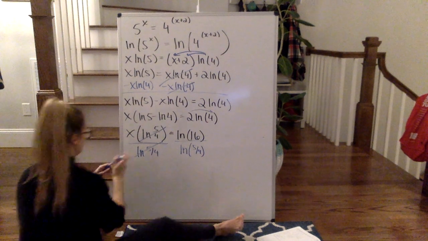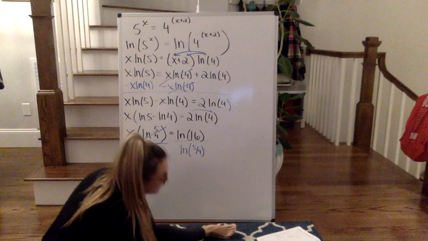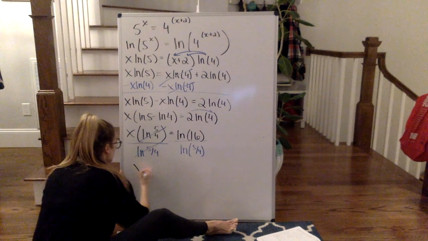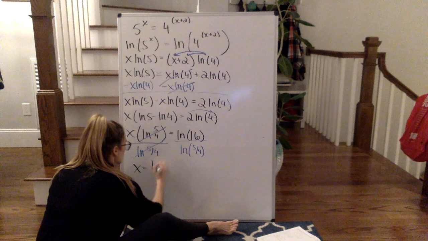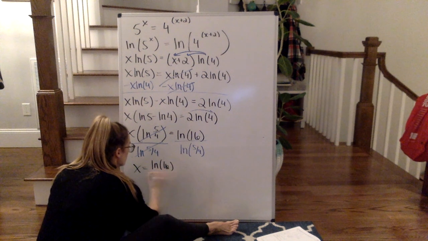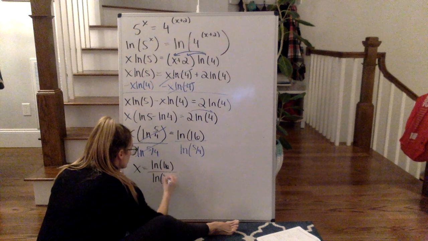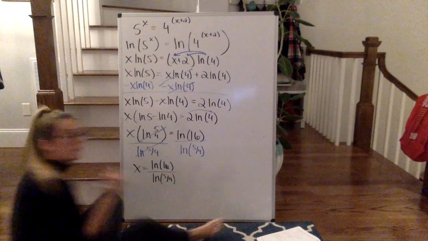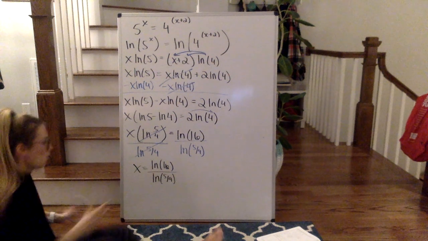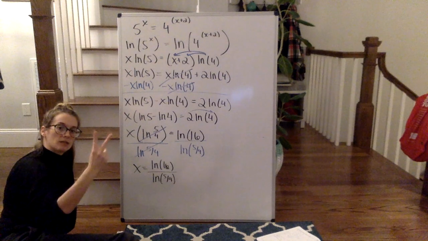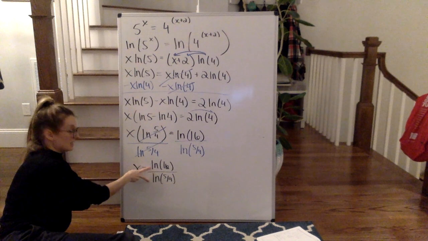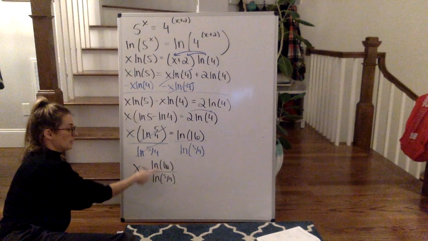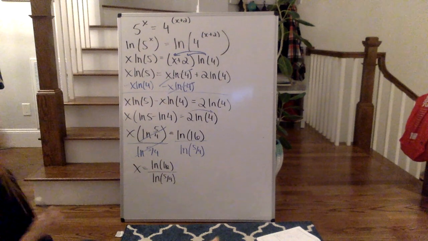These will cancel. And now I've got x equals ln of 16 over ln of 5/4. And again, when you are dividing two logs that have the same base, in this case natural logs, they both have base e, we can do the change of base property.